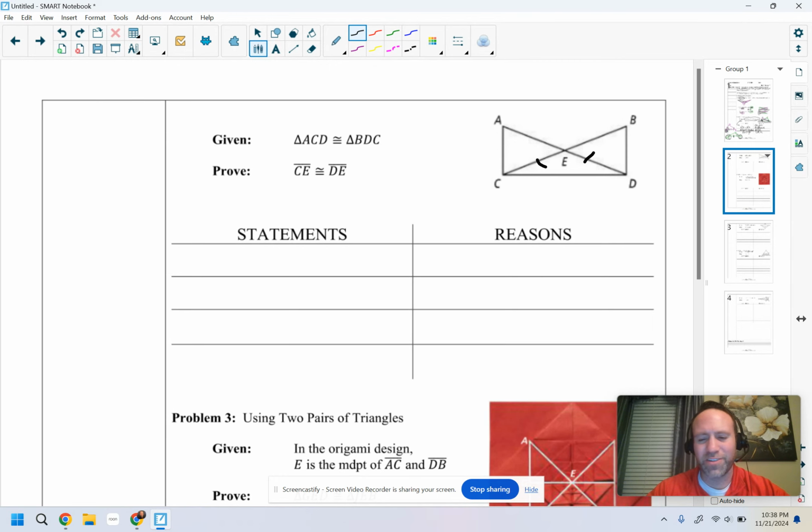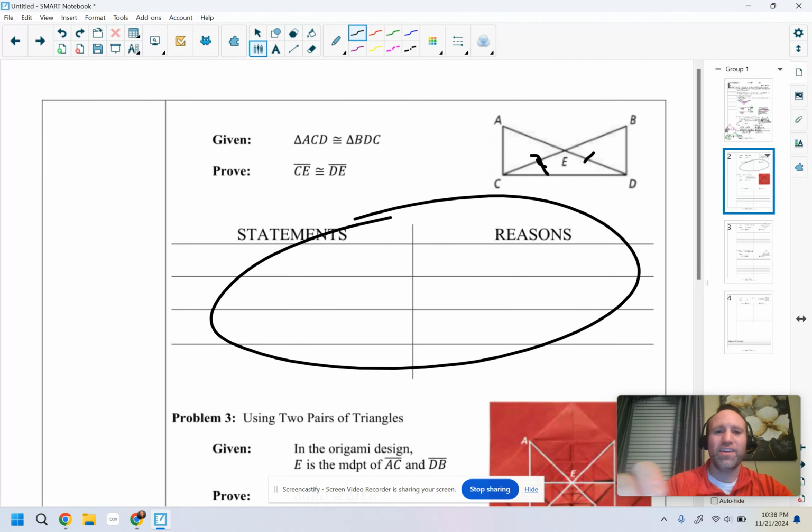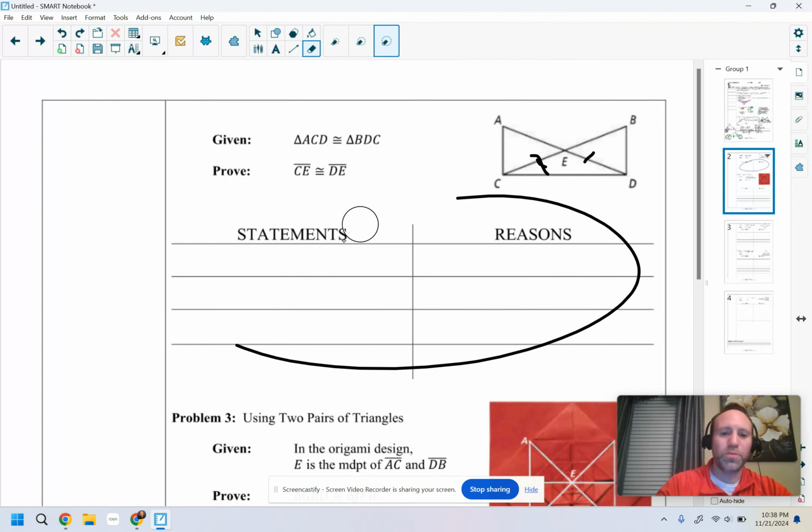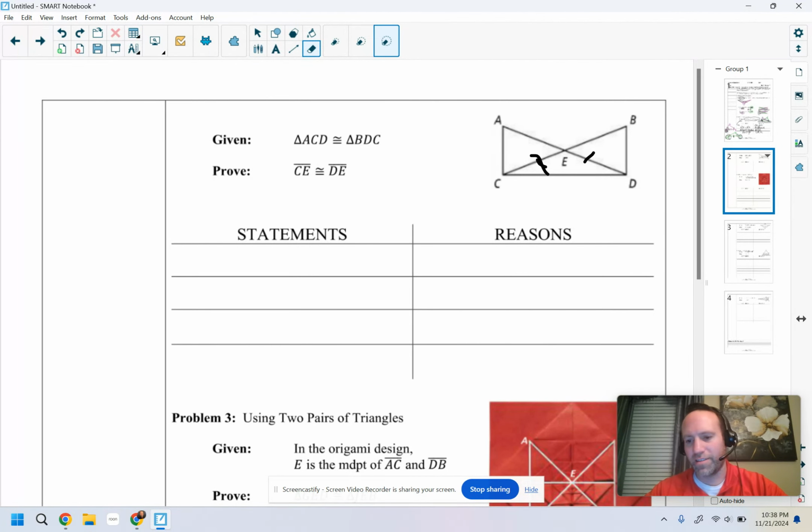Then I marked it and I was like, oh, isosceles triangles, duh. So the first time I did the proof, I was all wrong. And because I did it informally, it didn't make this all messy. Just a little plug for thinking through your proof before you actually write it.